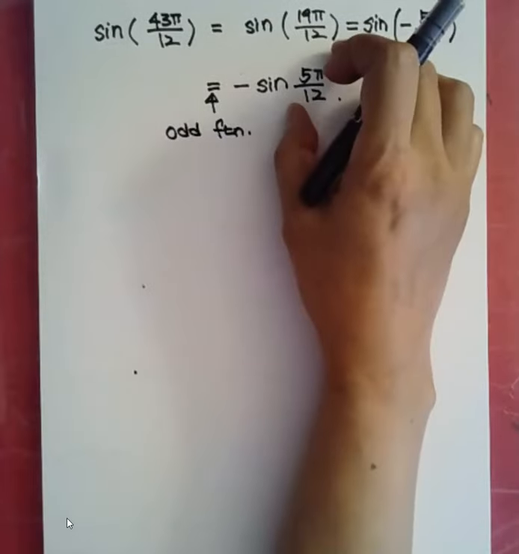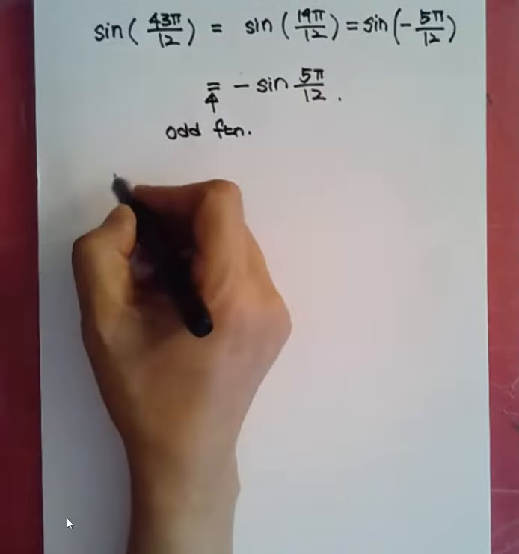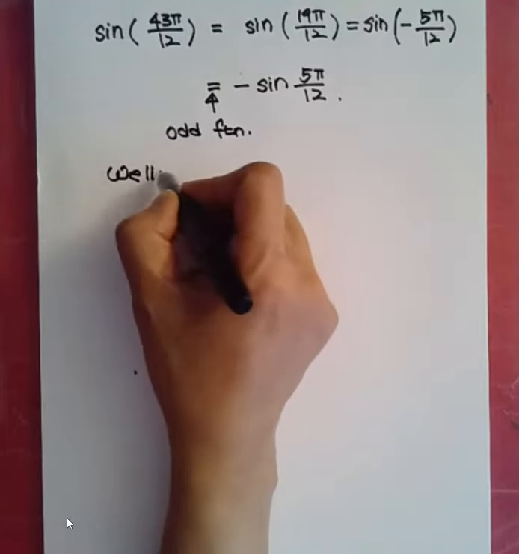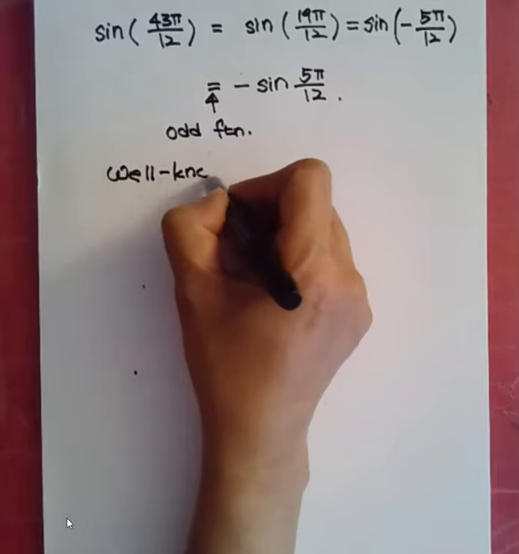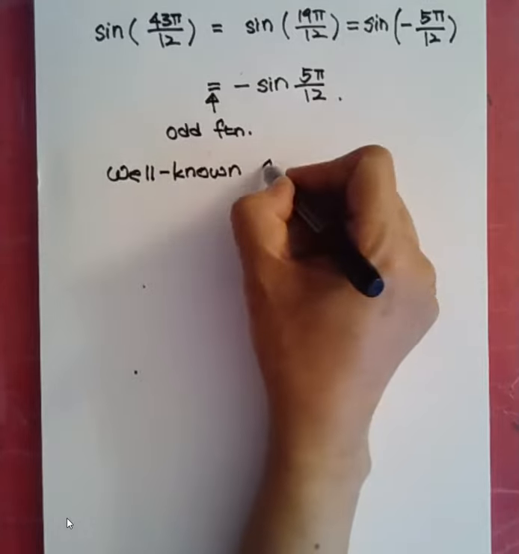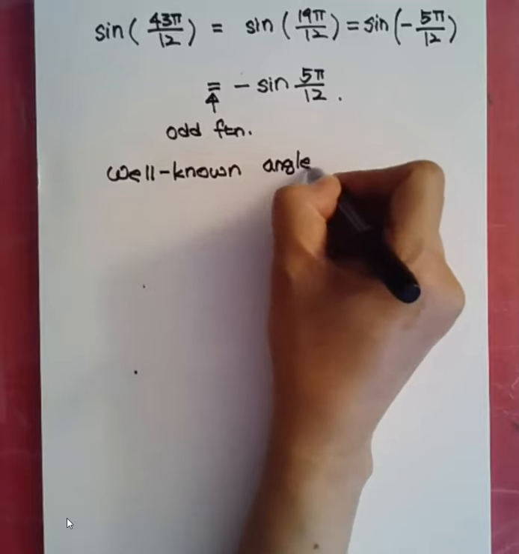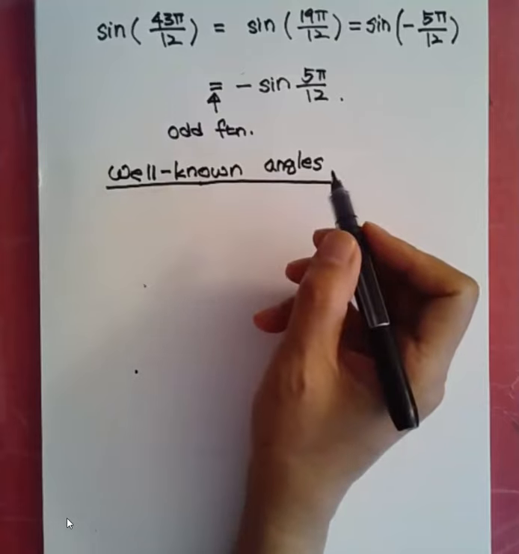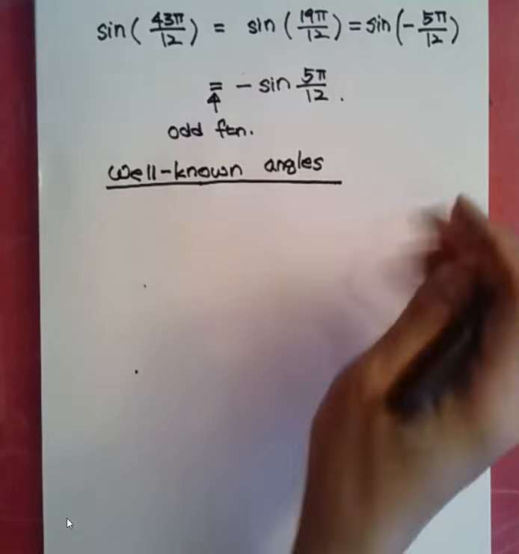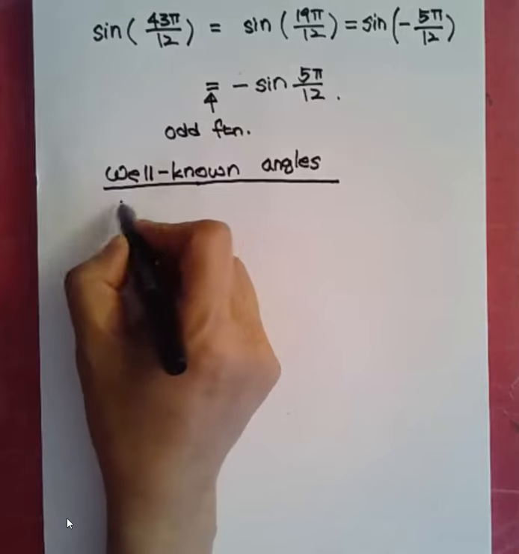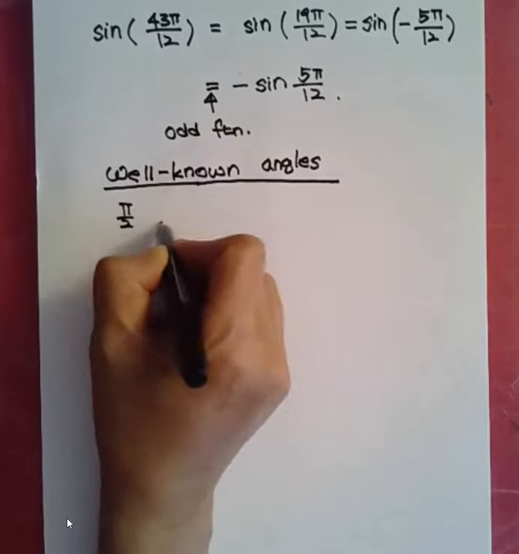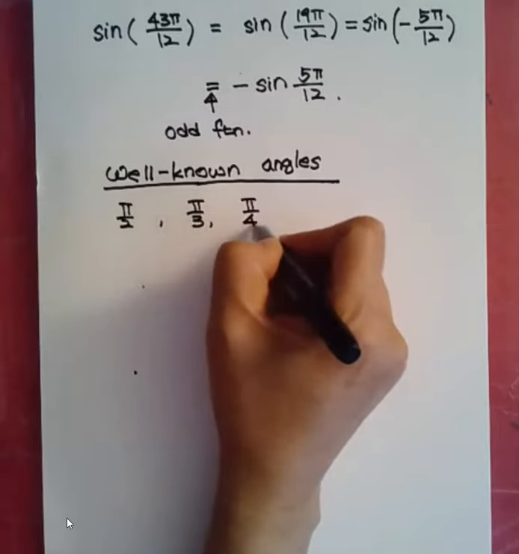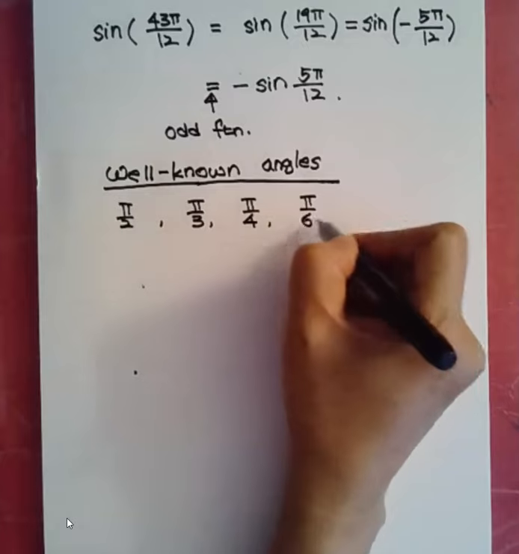But this angle is not a well-known angle. So what we want to do is combine the well-known angles by sum or difference to use the formula. Before we do that, we will list the well-known angles. Those are pi over 2, pi over 3, pi over 4, pi over 6, and so on.